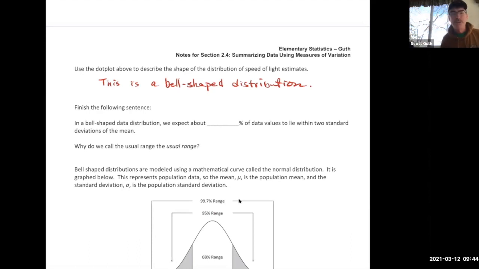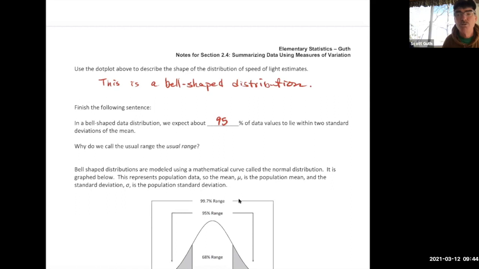Based on your empirical data. Empirical means like real evidence, right? Not theoretical, but empirical, something you can prove with evidence. So what's your evidence? Was it 95%? Yeah, 95% of values lie within 2 standard deviations of the mean.